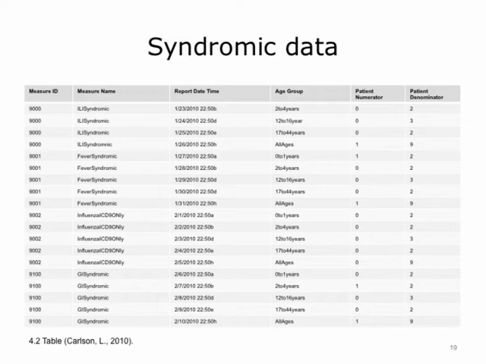We have a report date and an age group breakdown so we know which patients may be getting sick, whether it's concentrated in adults or perhaps in children. If we look at the fourth line down, at the all ages age group, we have a patient numerator of 1 and a patient denominator of 9. So there were 9 patients seen by the physician on that day, and one of them had influenza-like symptoms.